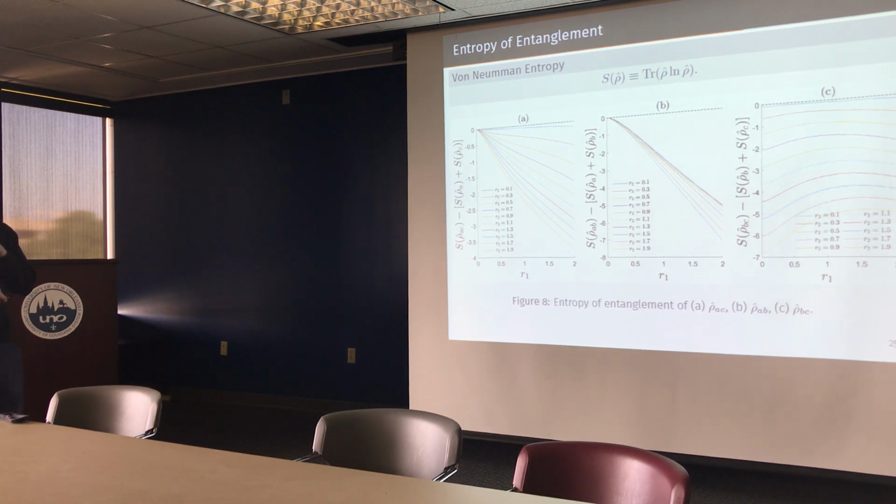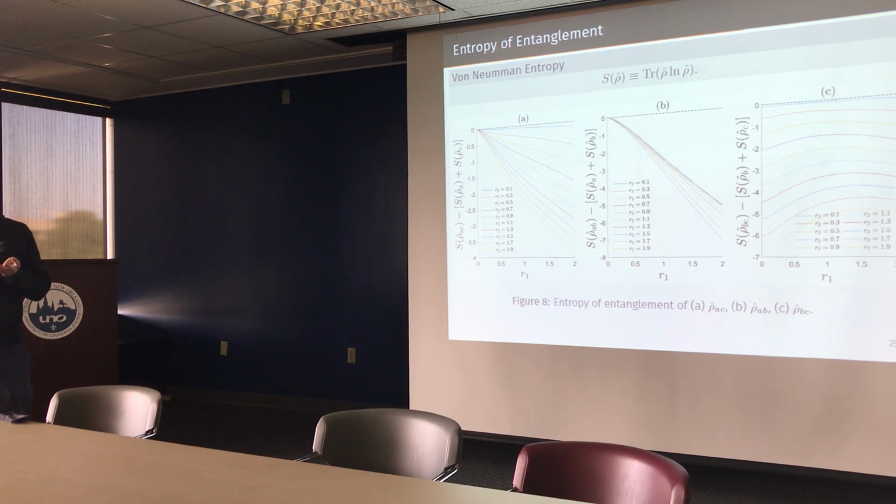So if this difference is smaller than 0, it means that A and C are entangled. And then, right, same thing for AB and BC. And we can see that for all these values of R1 and R2, they are all smaller than 0. The 0 line is the line on top, and they're all negative.